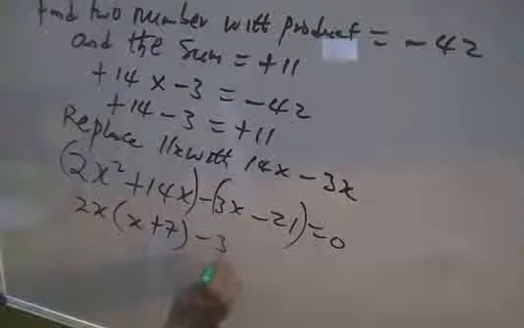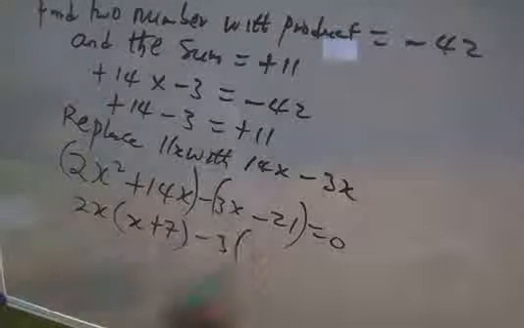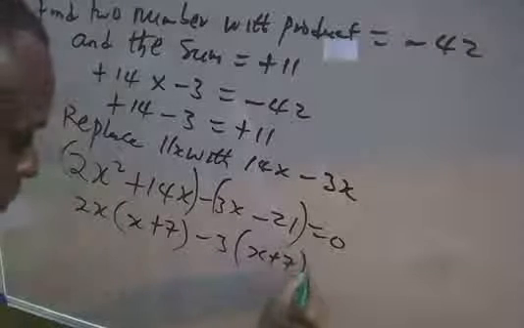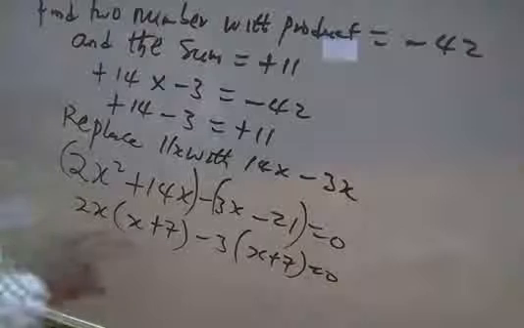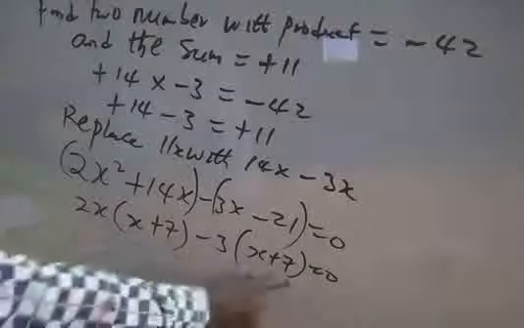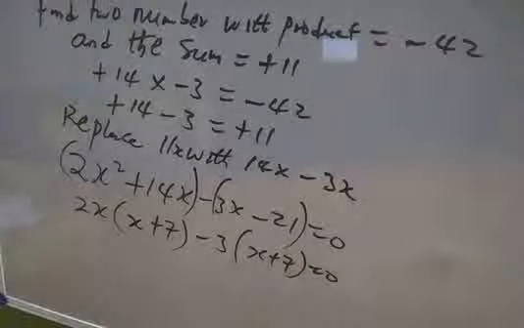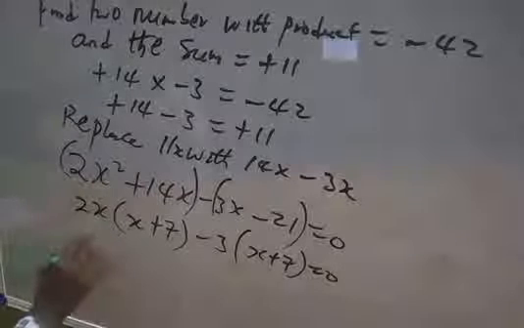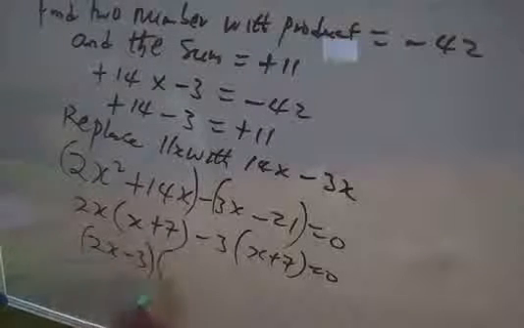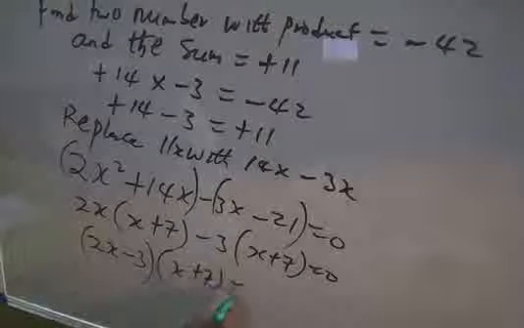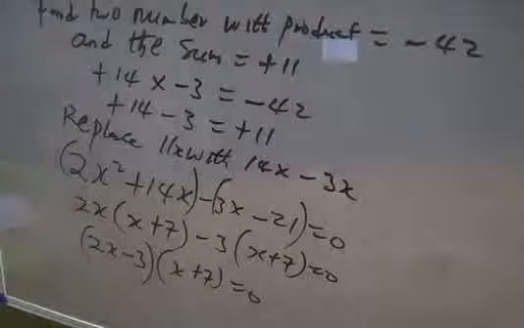Then what is common here is 3 into s plus 7 equals to 0. So 2s is multiplying this, minus 3 is multiplying the same thing. So you have 2s minus 3 bracket s plus 7 will be equals to 0.